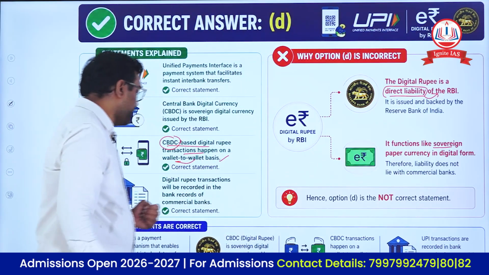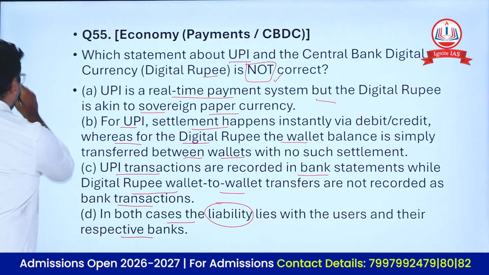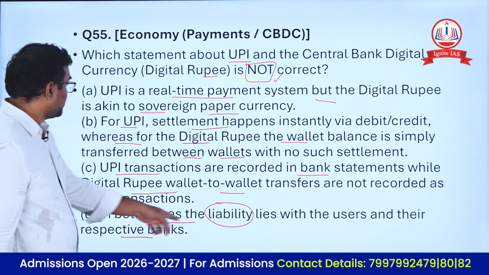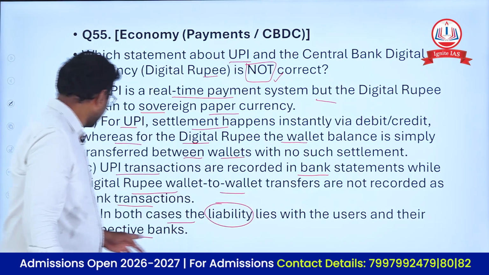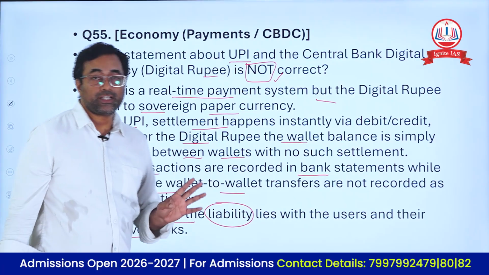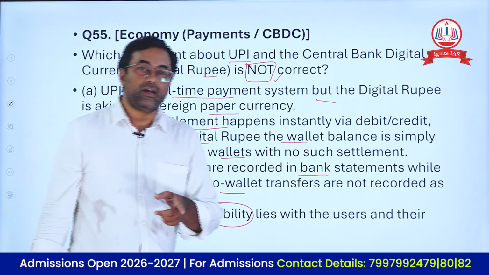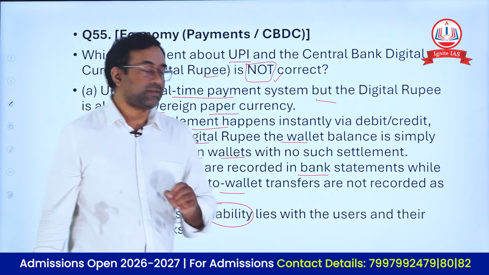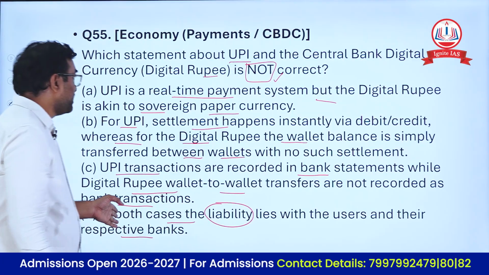In the fourth option, they have given that in both cases the liability lies with the users and their respective banks. The liability does not lie with the users and banks; it lies with the RBI. So that's why this fourth statement is wrong.